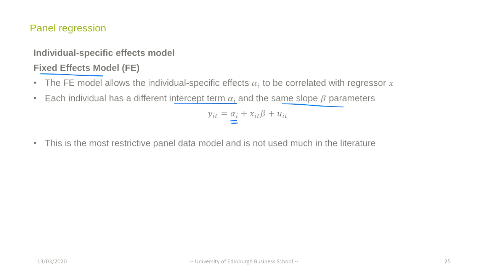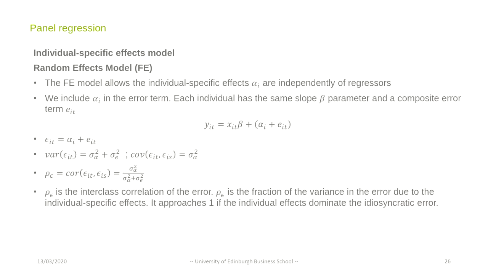And the next one is called a random effect model. In the random effect model, we add one more error term. This is actually the alpha. We consider alpha as one of the error terms, and we combine them together as the total error.